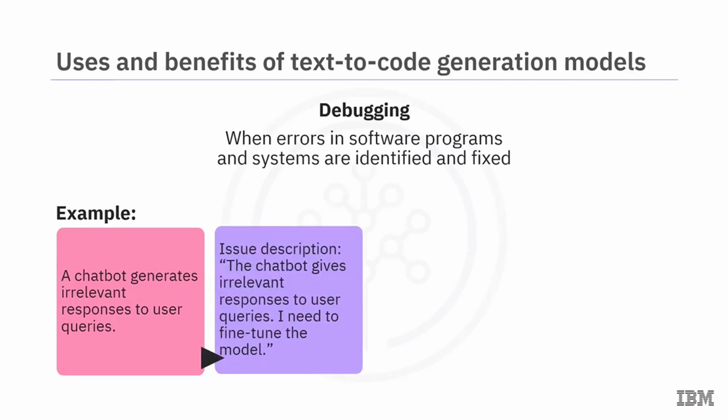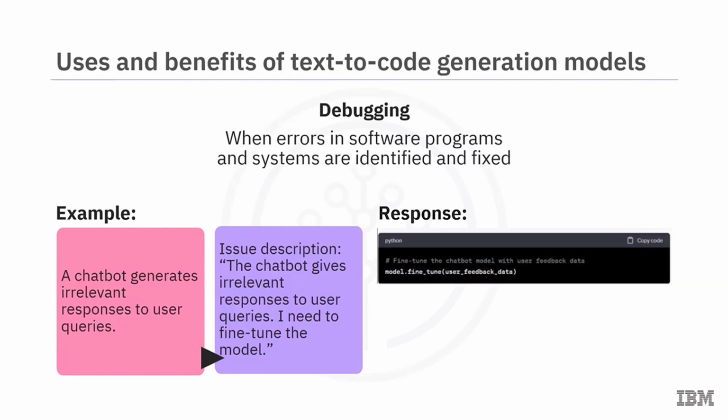I need to fine-tune the model. The text-to-code generation model generates the code snippet shown here. In this case, the text-to-code generation model suggests a code snippet for fine-tuning the chatbot model using user feedback data. This snippet assists the developer in quickly addressing the issue of irrelevant responses and improving the chatbot's performance.